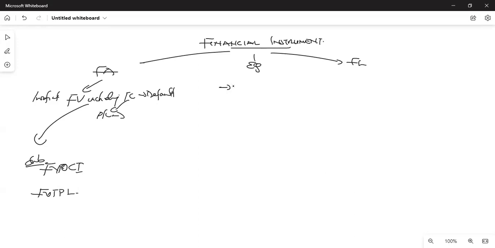Here we said that the default is fair value through P&L, all right? So that one will mean that if that is the case, then our subsequent measurement will also be fair value through P&L with any gain or loss going through P&L. Sometimes here too, you may be restricted to fair value through OCI. In that case, it means your subsequent measurement will also be fair value through OCI.